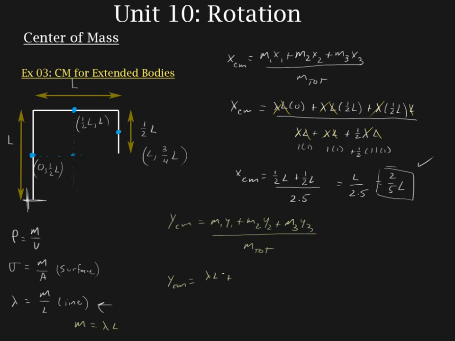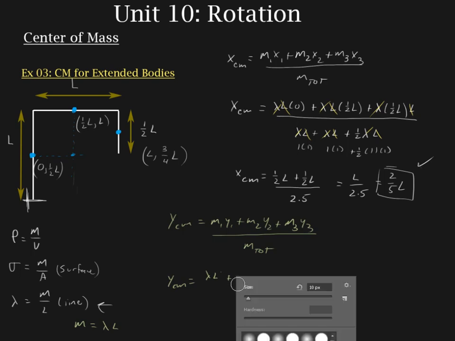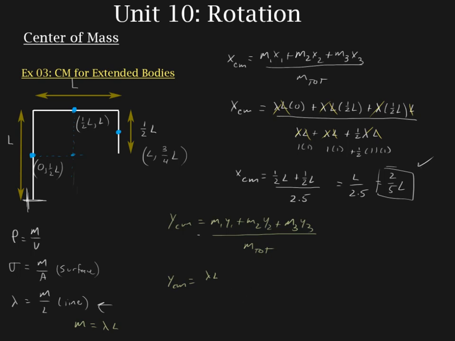Y1 is 1/2 L, so we still have to multiply that by 1/2 L. So we get lambda L times 1/2 L, plus lambda L times L, plus 1/2 lambda L times 3/4 L. And we divide all of that by what we know now is going to be 5/2.